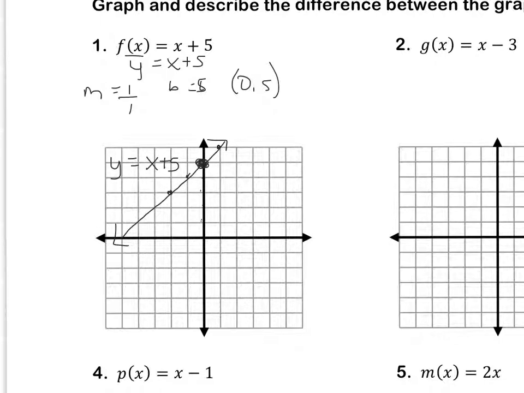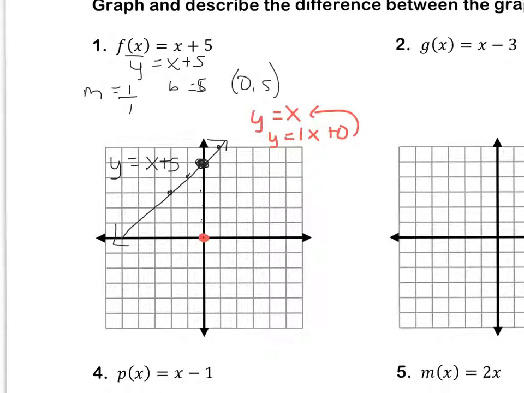And now we're going to graph the parent function. The parent function is y equals x, and I went over this in the other video. What this means is you have a slope of 1 and a y-intercept of 0. If you simplify this parent function, it looks like that. So the y-intercept would be 0, and the parent function is always the same.